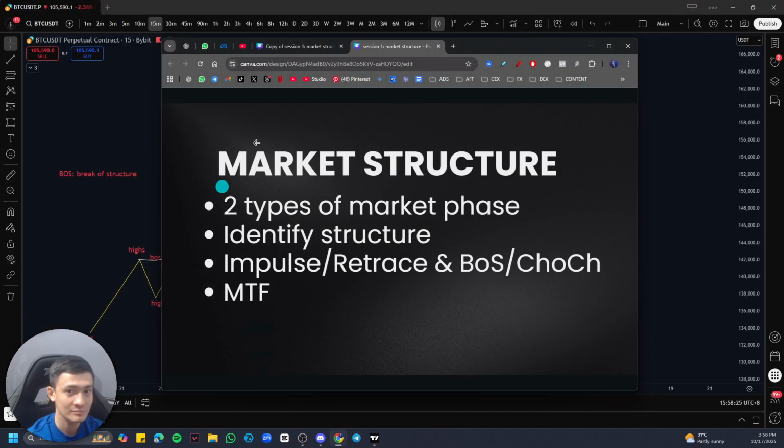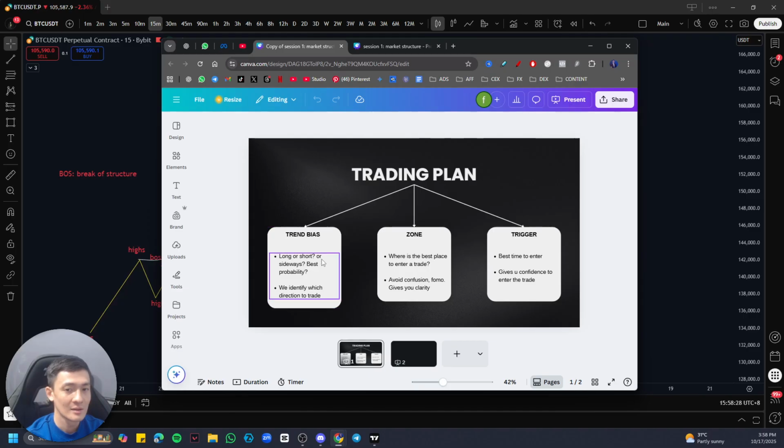Remember, if we go back to our trading plan, market structure helps us identify the trend bias. Do we want to long or short? What is the best probability? Once we've identified market structure, we know what action to take. If the trend is not clear, you can sit back and relax. You don't have to do anything. This is why market structure is very important, because it gives you a clear idea of which direction to trade in, or whether you should not do anything.